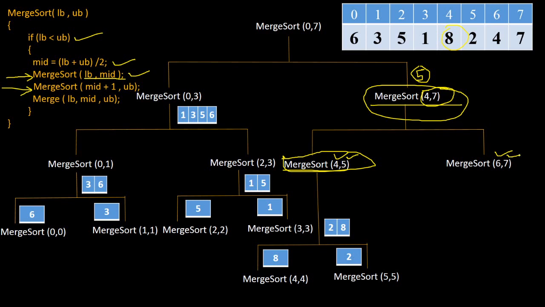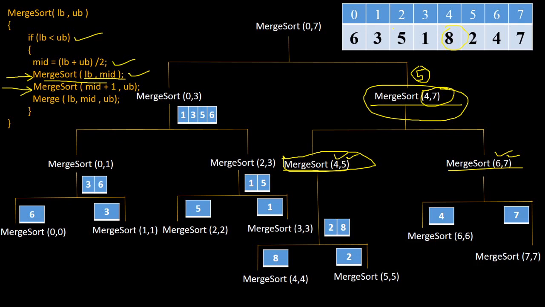When this function is called, again it will call merge sort LB comma mid, so its left part 6 comma 6 will give you the sixth index element, that is 4, and 7 comma 7 will give you the seventh index position, that is 7. 4 comma 7 will be merged into 4 7.